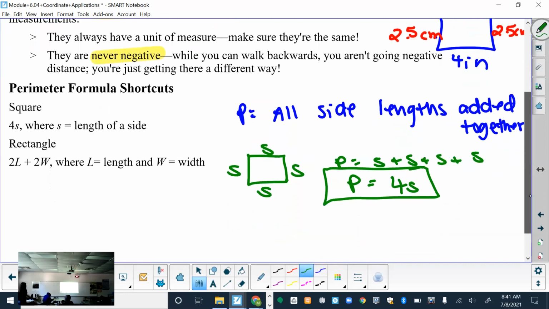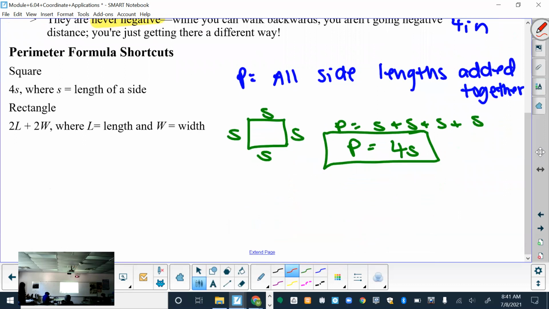For things like rectangles, what do we know about rectangles? Good. So you have maybe 2 different lengths, and the ones that are parallel to each other will have the same length. So if this is my length, the same length will be over here. If this is my width, the same width will be over here.